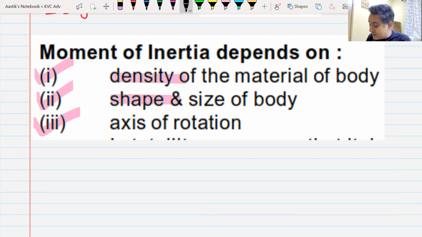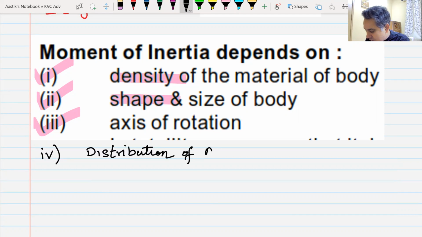In short, in point number 4, it depends on the distribution of mass around the axis of rotation. How is the mass distributed? It depends on the axis of rotation, size, shape, and density. Basically, it depends on the distribution of mass, in very short and sweet terms.